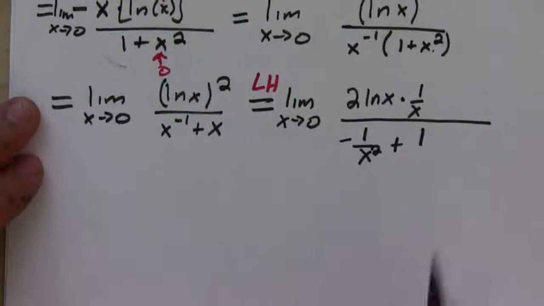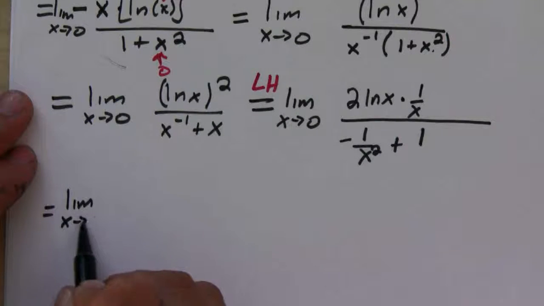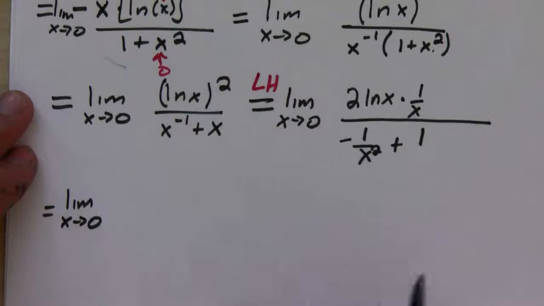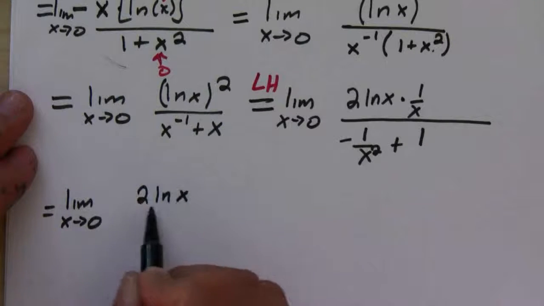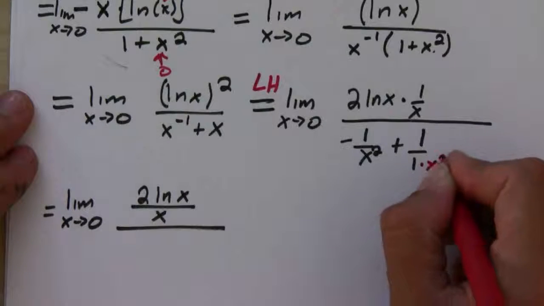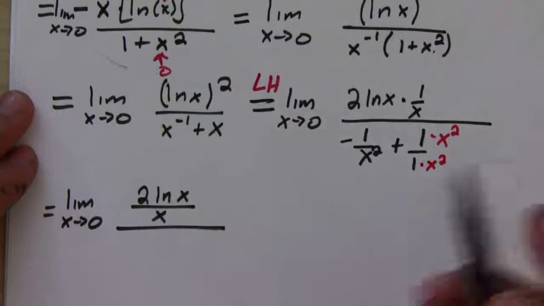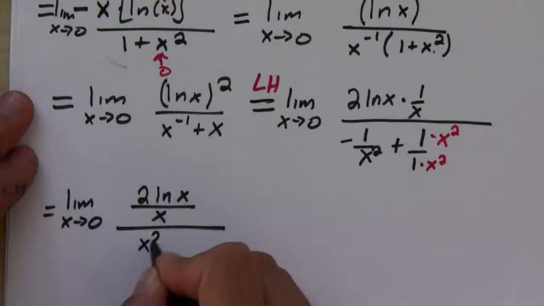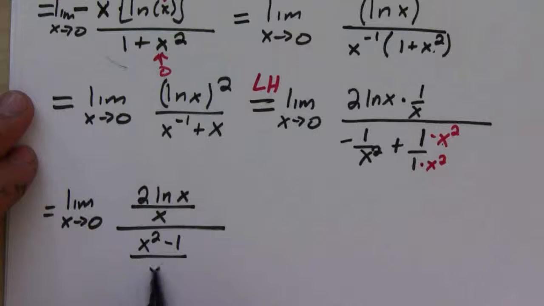Okay, so now I can simplify this a little bit. What I'm going to have is the limit as x approaches 0 of 2 natural log of x over x all over, if I find the common denominator here and combine, I'm going to get x squared minus 1, so this is x squared minus 1 all over x squared.